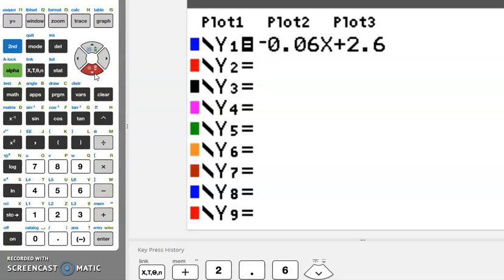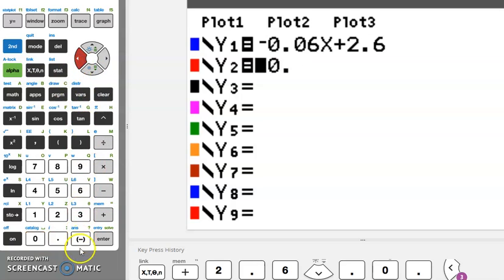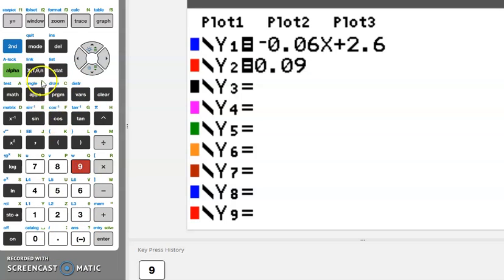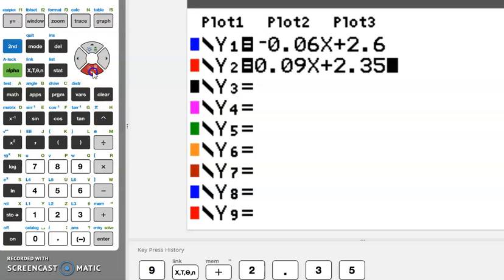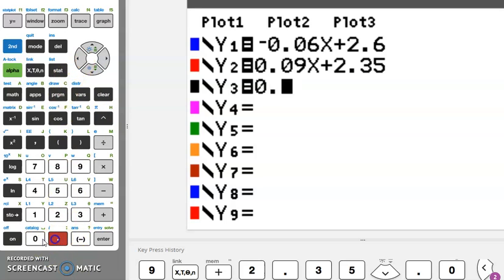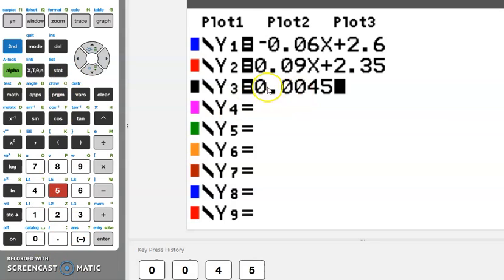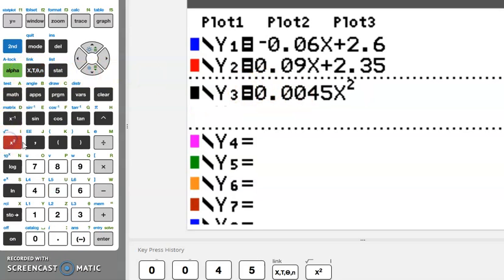And y2 is equal to 0.09x, or just decimal 0.09x, the same thing, plus 2.35. And then our quadratic, which is 0.0045. As long as there are zeros here, that one doesn't make a difference. x squared plus 2.8.